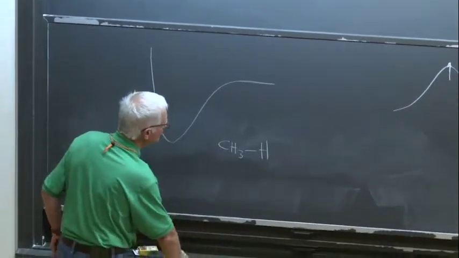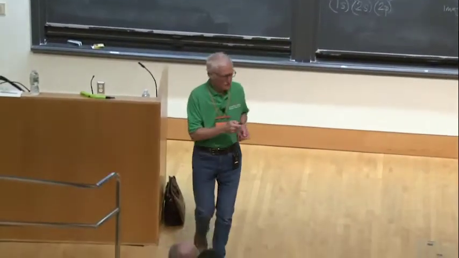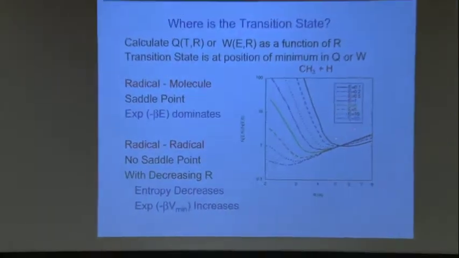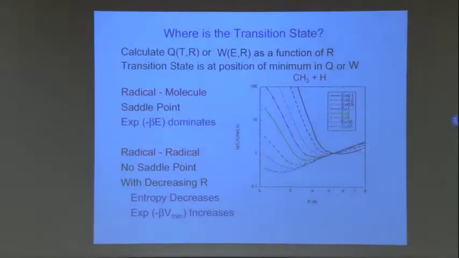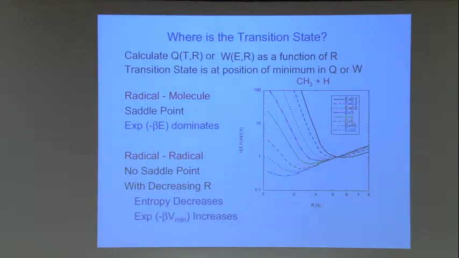So what determines where the transition state is going to be, and what value does it have? Initially, at low energies, so this is an energy of 0.1, whatever units they are, the transition state occurs at the minimum of W, the minimum in the sum of states. And it occurs here at quite large distances.